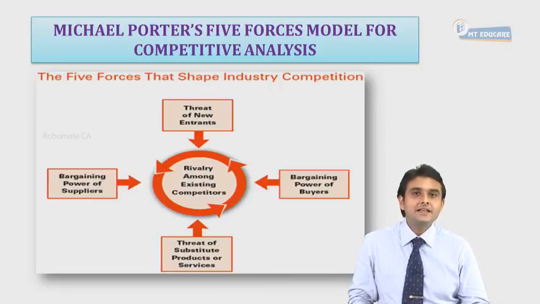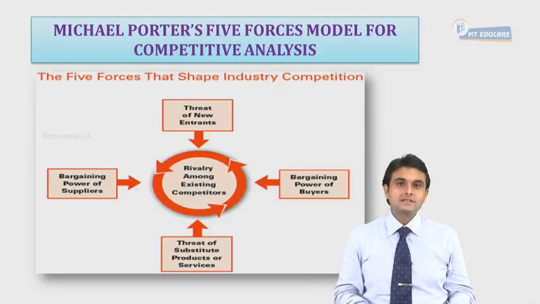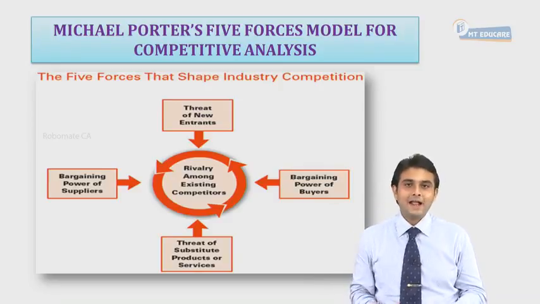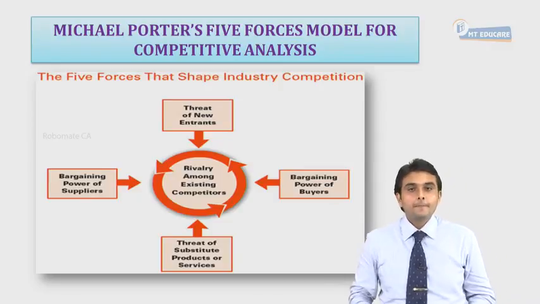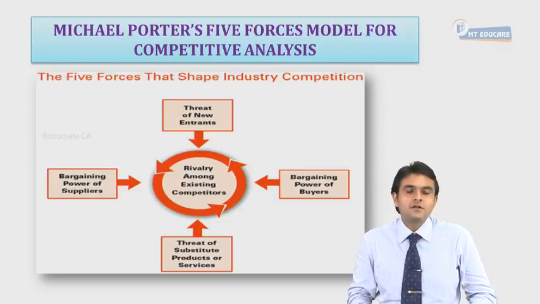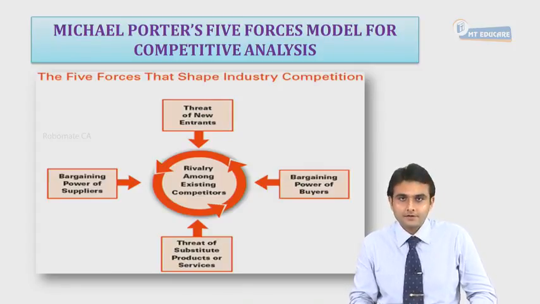So it started getting control over its raw materials cost in this manner. This is called vertically backward integration, because they went backwards in the chain of distribution, in the value chain. This is one of the ways you can combat the bargaining power of suppliers.